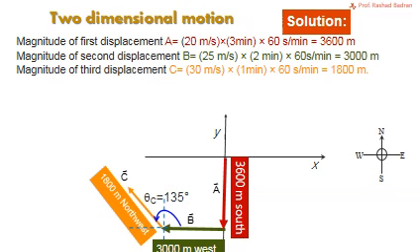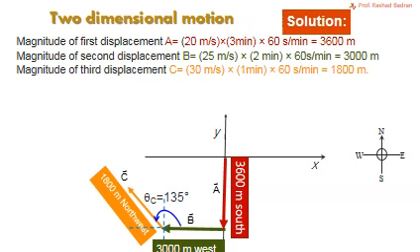From the information we have about the velocity in each time, we can find the displacement in each phase. The first displacement is simply the product of the speed, which is 20 meters per second, multiplied by 3 minutes. This is 3,600 meters due south.